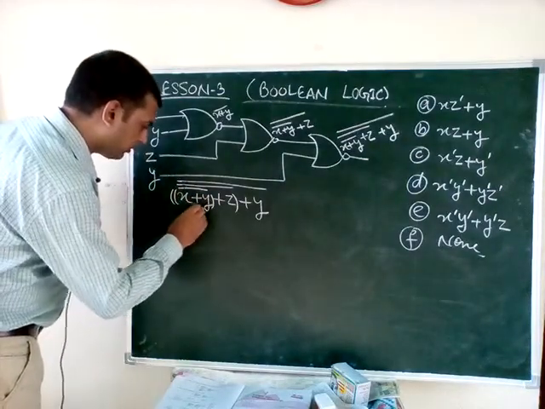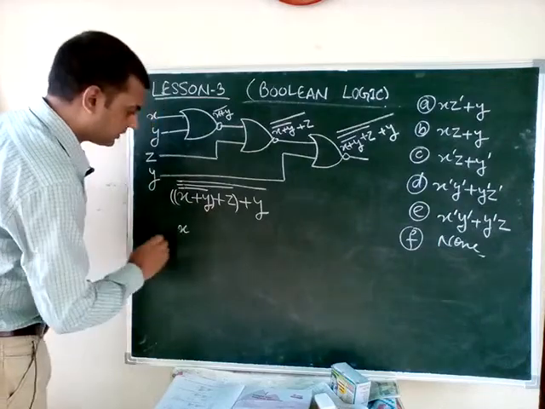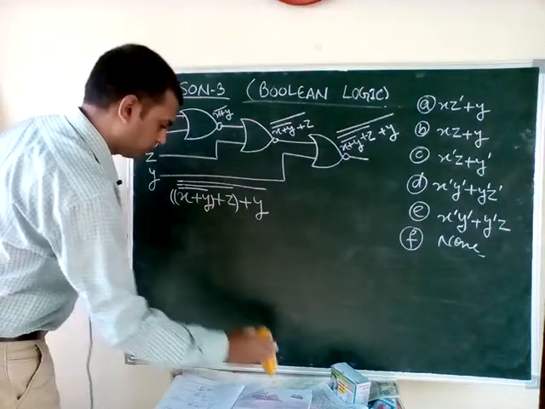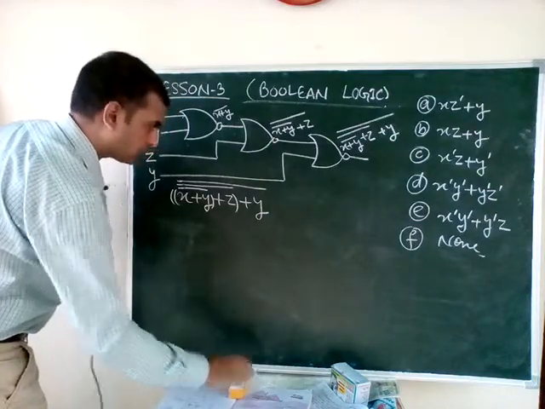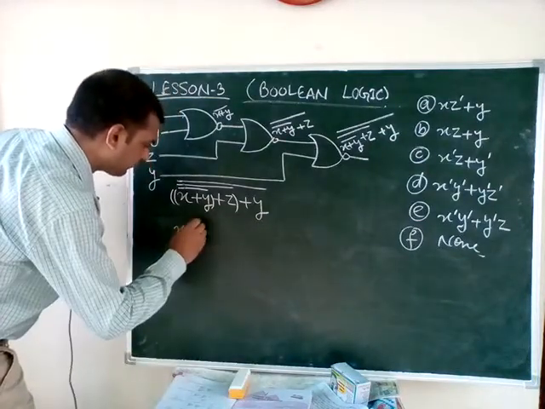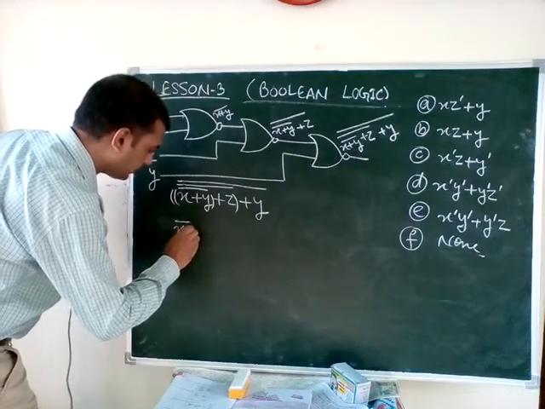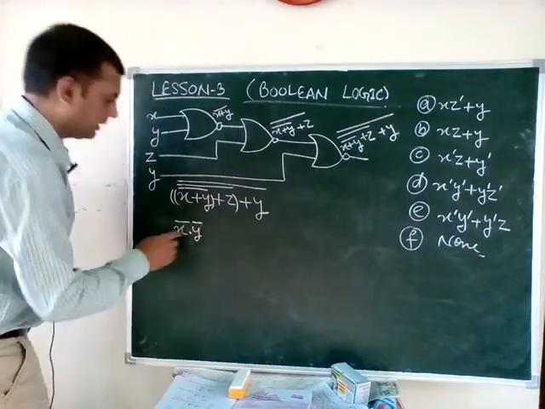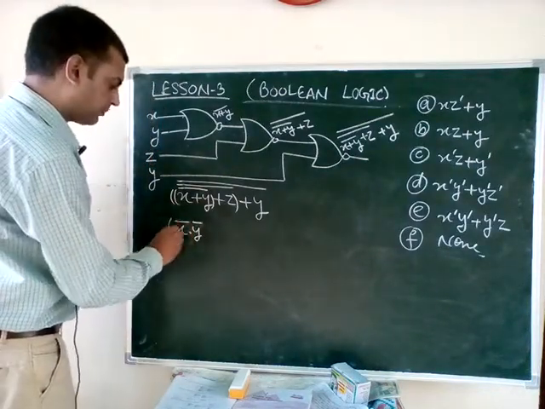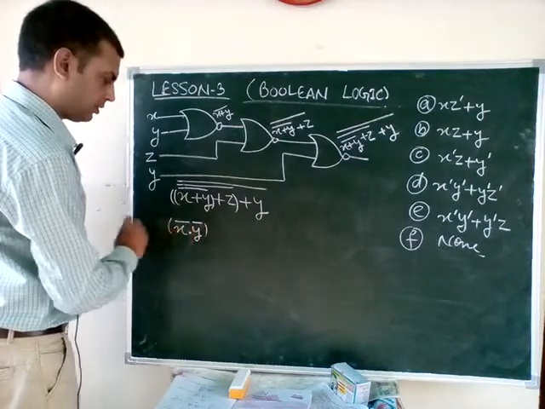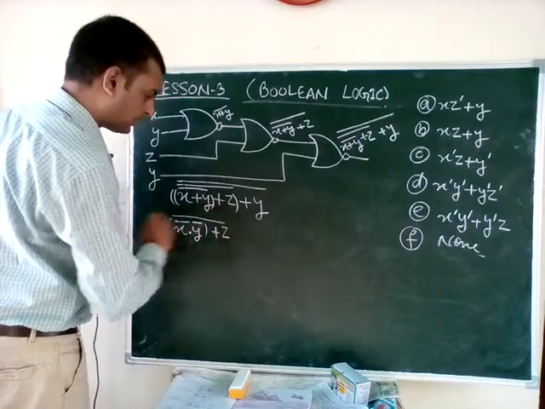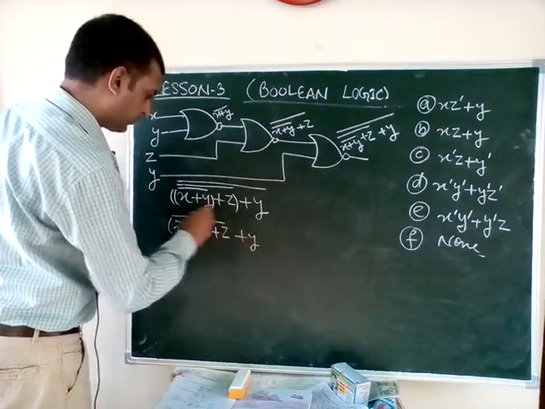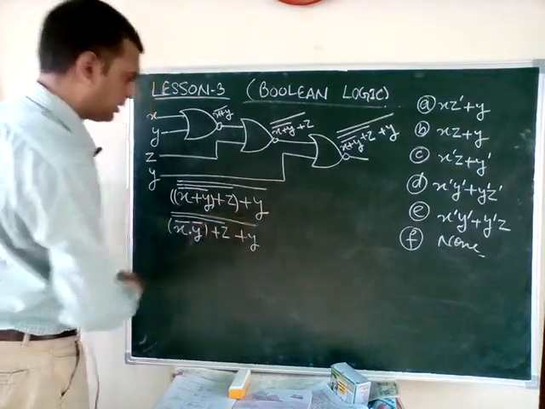De Morgan's theorem of plus says that x bar into y bar, the bar will be separated and it will be in multiply form, plus z whole bar plus y then whole bar.